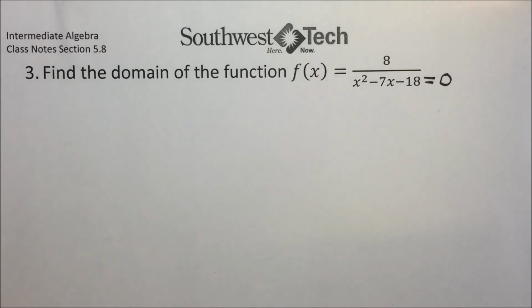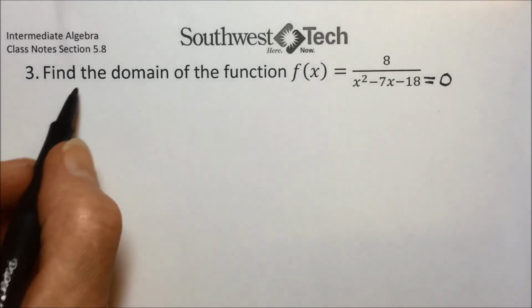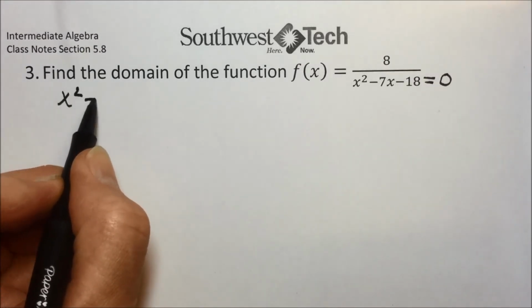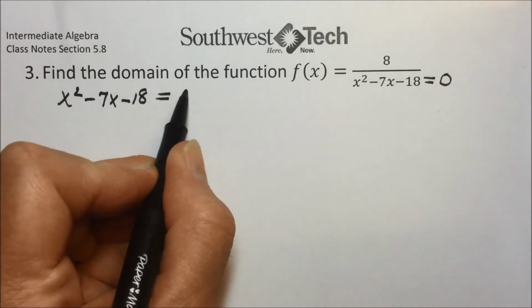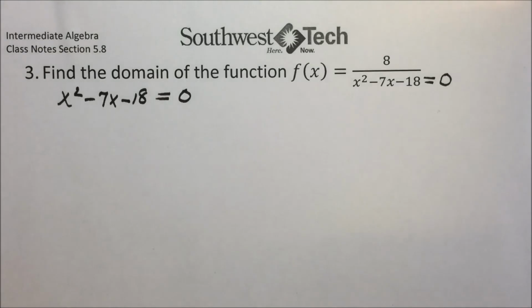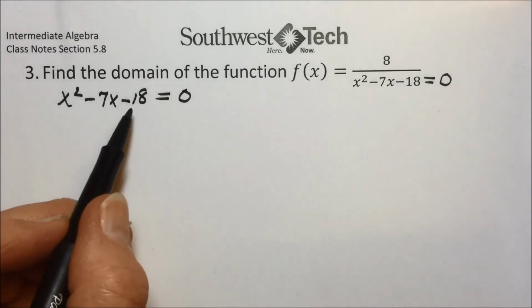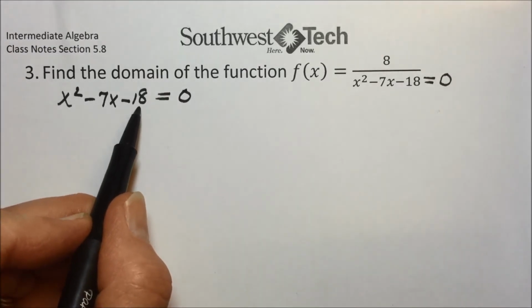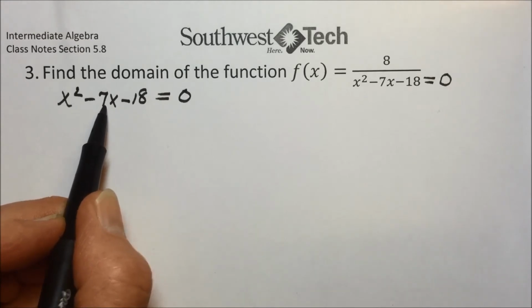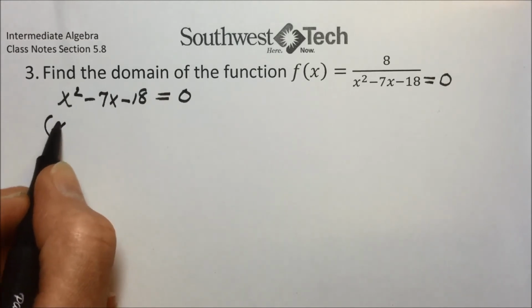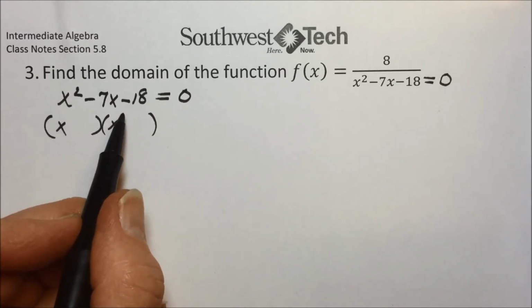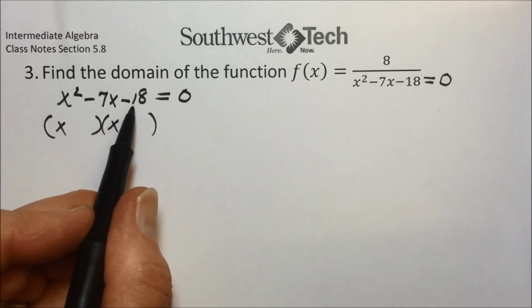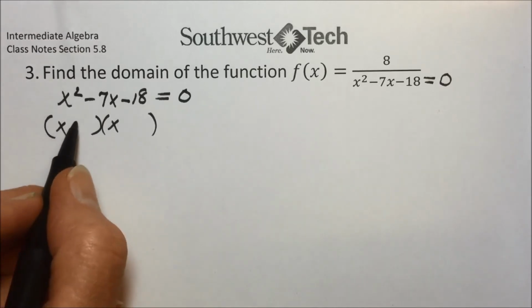So solving this, we will take x squared minus 7x minus 18 and set it equal to 0. We're looking for factors of negative 18 that add up to be negative 7, one positive and one negative. 1 and 18 doesn't work, but a 2 and 9 do work.